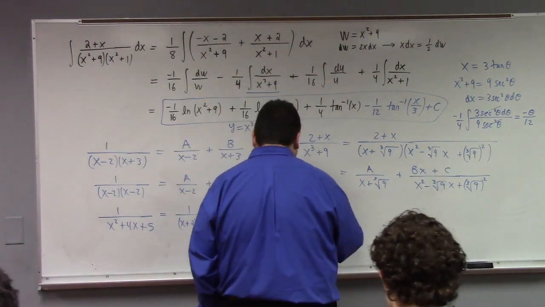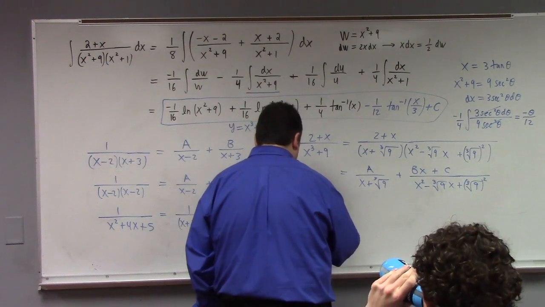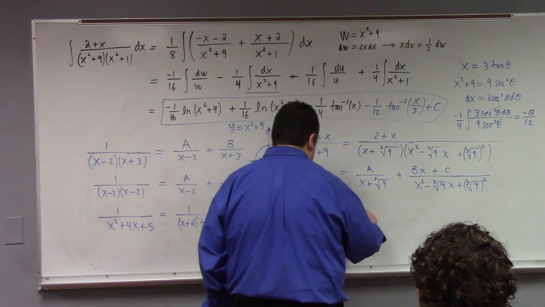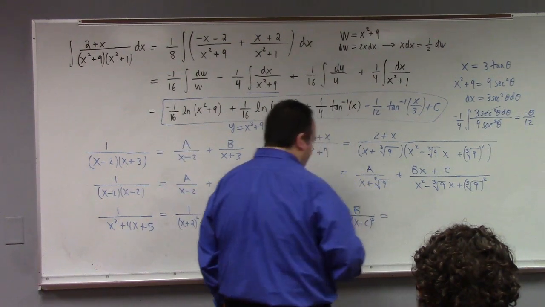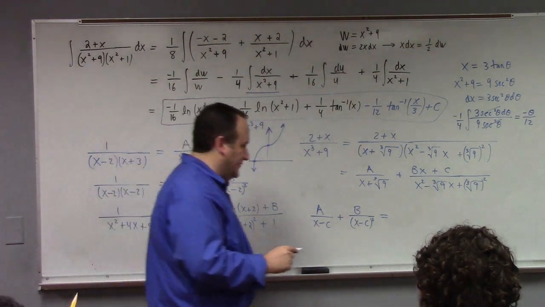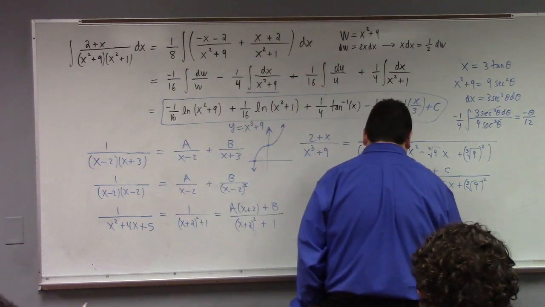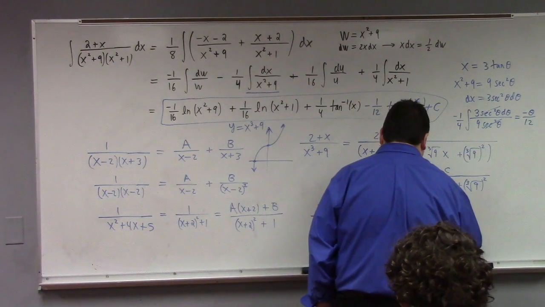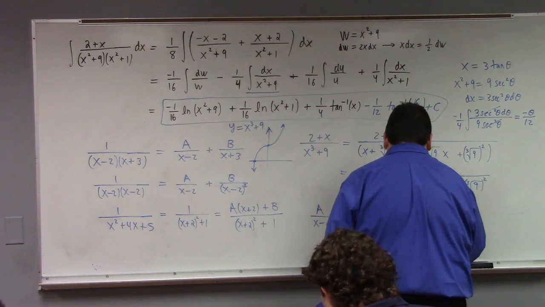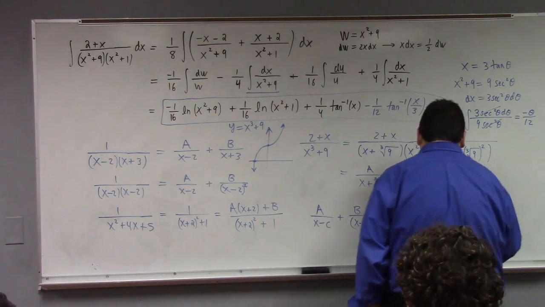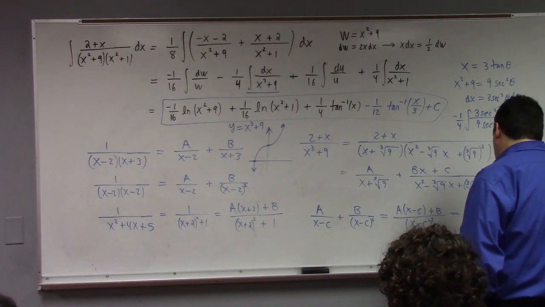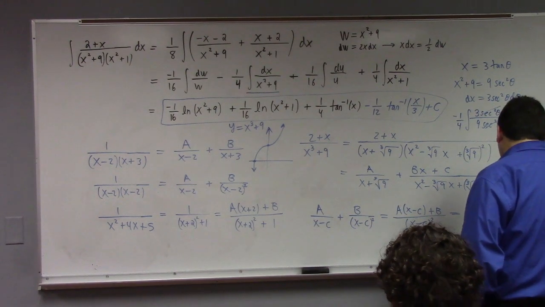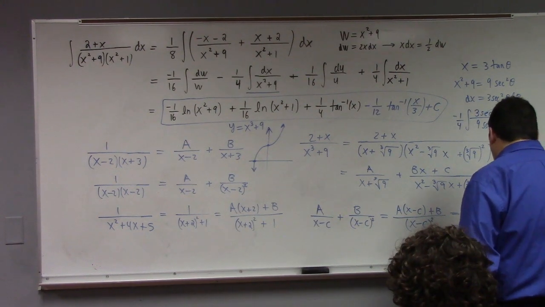Well, here's the thing. If I have a over x minus c plus b over x minus c quantity squared, and I make a common denominator of that, that gives me a times x minus c plus b over x minus c squared, which is, of course, ax plus b minus ac over x minus c squared.